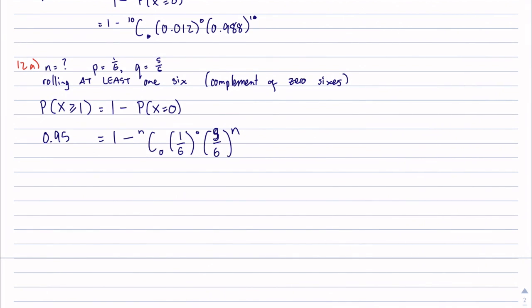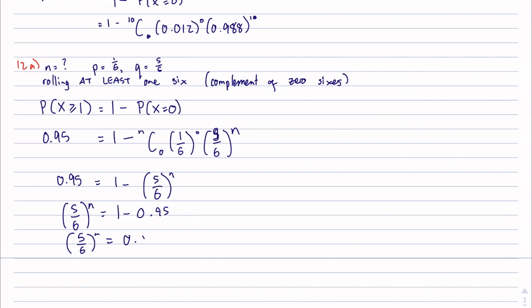So now we've got 0.95 equals 1 minus 5/6 to the n. Which means 5/6 to the n is 1 minus 0.95. 5/6 to the n equals 0.05. Let me do the rest of my solution over here. I can't bother going over the page.